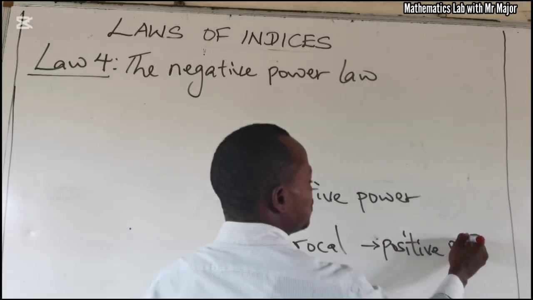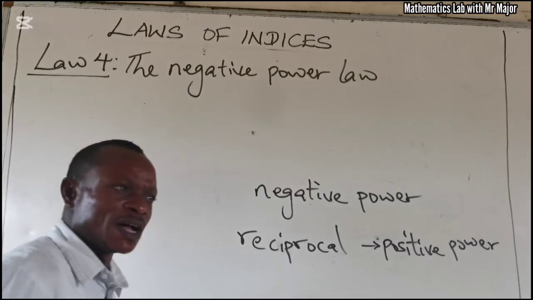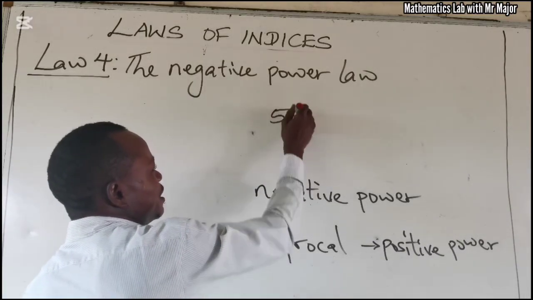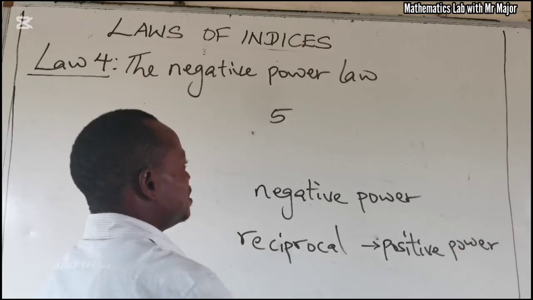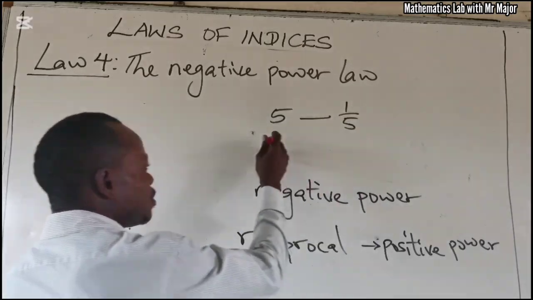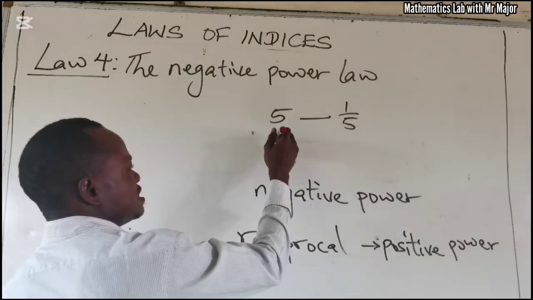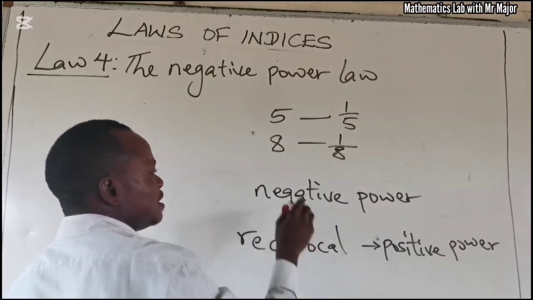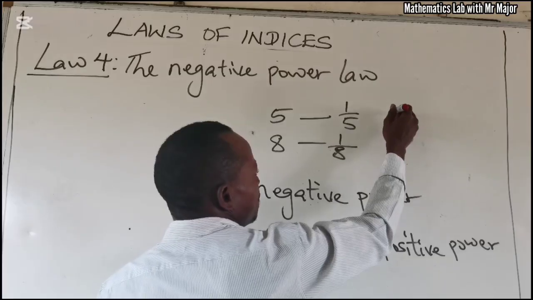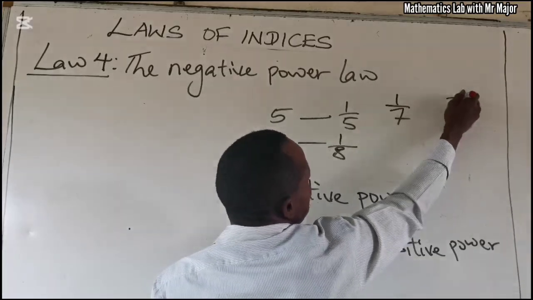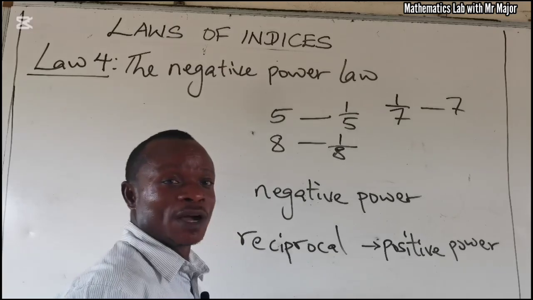Now, when we talk about reciprocal, for example, if I have something like 5, the reciprocal of 5 is 1 over 5. The reciprocal of, let's say, 8 is 1 over 8. Now, the reciprocal of 1 over 7 is 7, or 7 over 1.